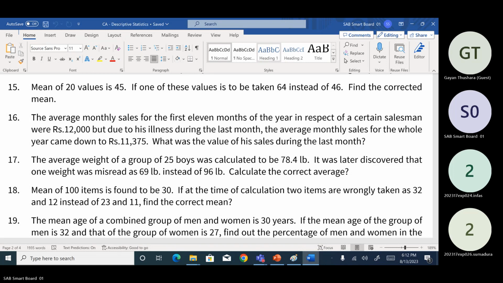Mean of 20 values is 45, so the average is 45. If one of these values is taken as 64 instead of 46, find the correct mean.